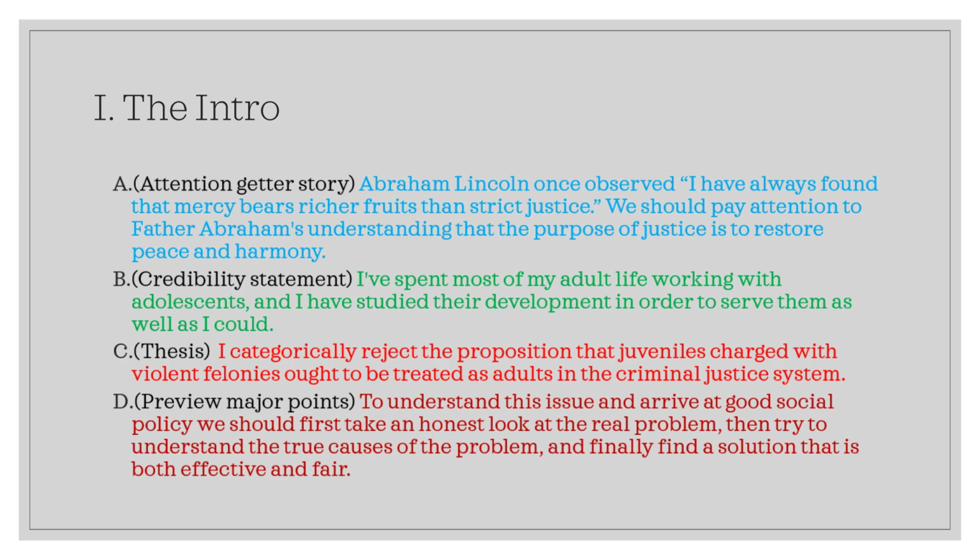And I categorically reject the proposition that juveniles charged with violent felonies ought to be treated as adults in the criminal justice system. To understand this issue and to arrive at good social policy, we should first take an honest look at the real problem, then try to understand the true causes of the problem, and finally find a solution that is both effective and fair."